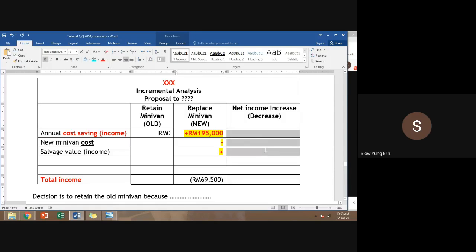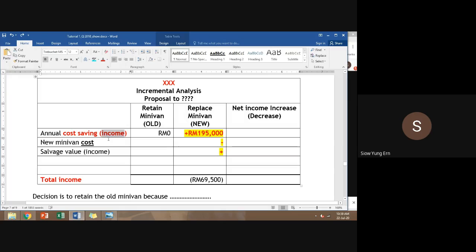Okay, let's do our last one. Net income increase or decrease. Let's look at the first one, annual cost saving. Correct.